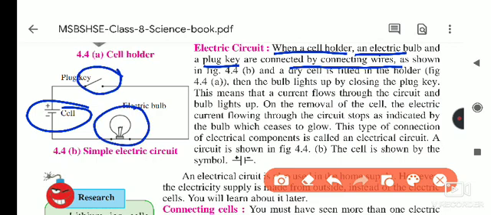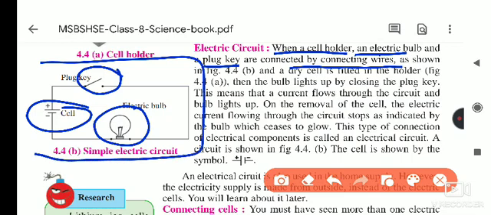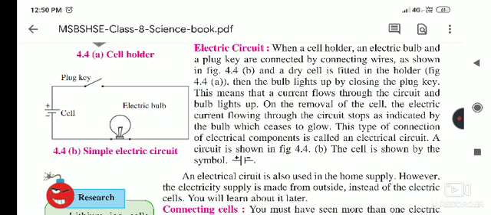If the dry cell is fitted inside the cell holder, and all these things and the electric wire are there, then the circuit completes and the bulb glows.